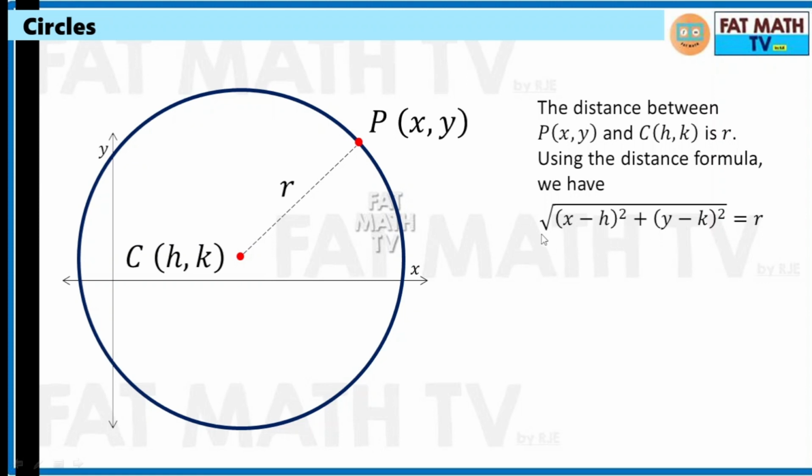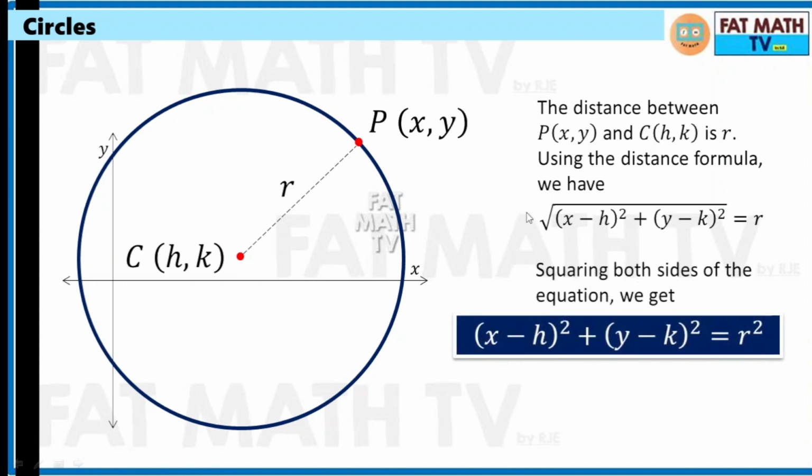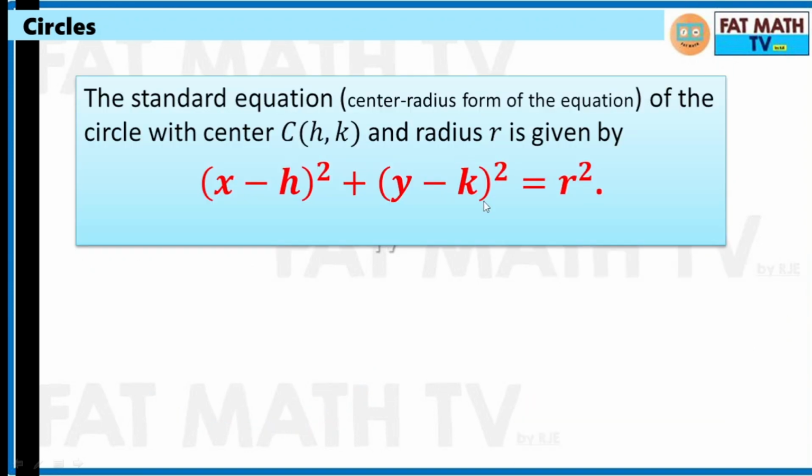This is from the distance formula. If we square both sides of the equation, the square root is removed, and we have (x - h) squared plus (y - k) squared equals r squared. This is the standard equation of the circle with center at (h, k) and radius r.